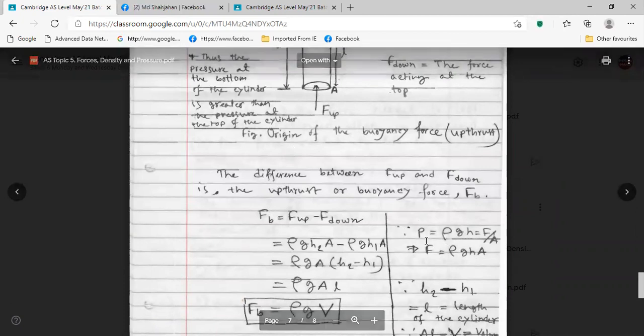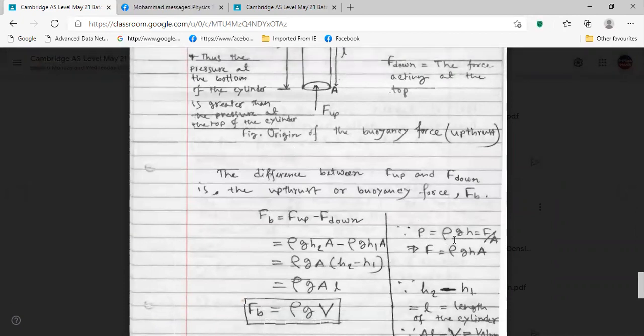You see, we know P equals rho g h, right?